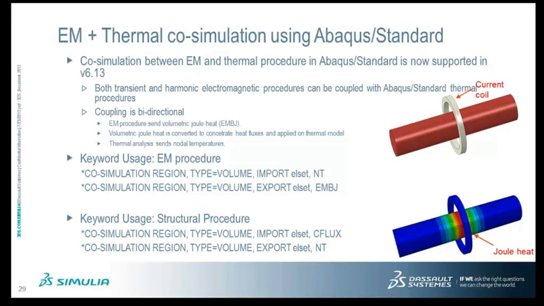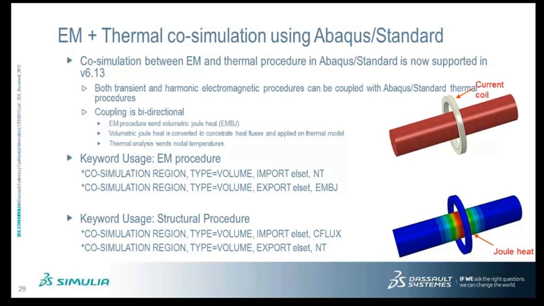But as you heat up the workpiece, the EM properties of the material actually change. So you need to have this coupling between the two analyses. So you can do this with co-simulation between these two procedures, where the coil is putting a Joule heating load onto the workpiece, and then the workpiece temperatures are going back and modifying the EM properties of the conductor.